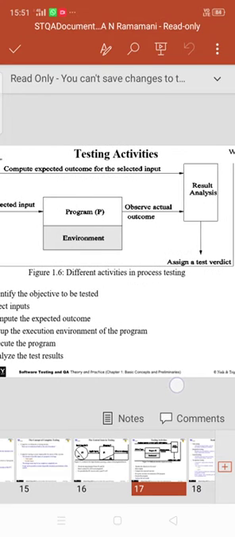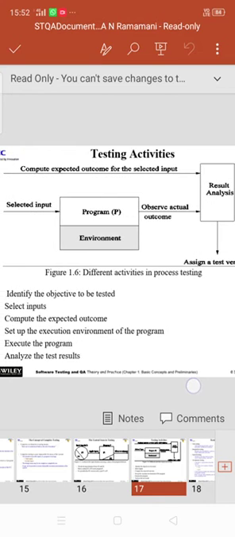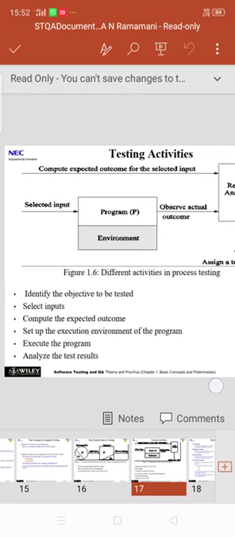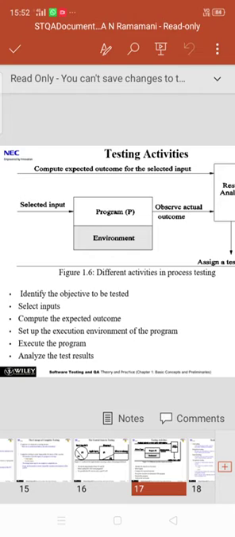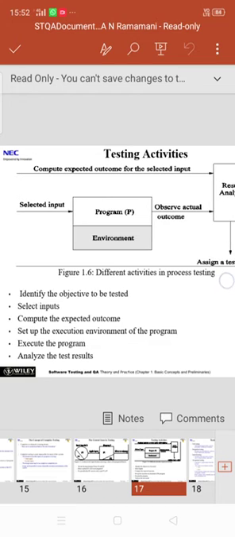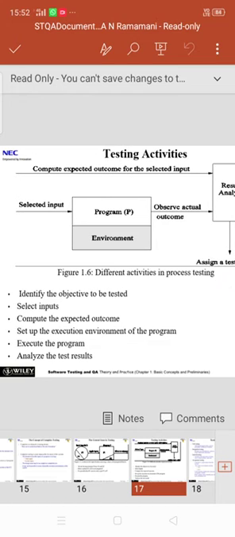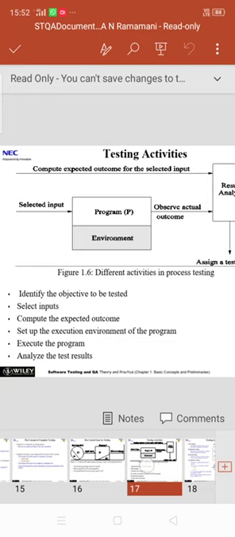Assign a test verdict whether it is right or wrong. The steps are: identify the objective to be tested, select inputs, compute the expected outcome, set up the execution environment of the program, execute the program, and analyze the test results.